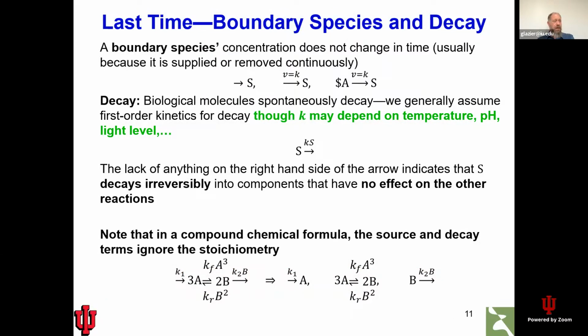Basically, you don't ever think about a reversible reaction as both things together. You analyze it as the 2 parts separately. So you say, this is an irreversible forward reaction and then an irreversible backward reaction, and then you add them up. And then we also talked about boundary species, which seems like making a lot of fuss over nothing. A boundary species simply is a species which you assert doesn't change in time. So if I have a source of a chemical and I'm adding chemical at a constant rate, then that would be a boundary species.